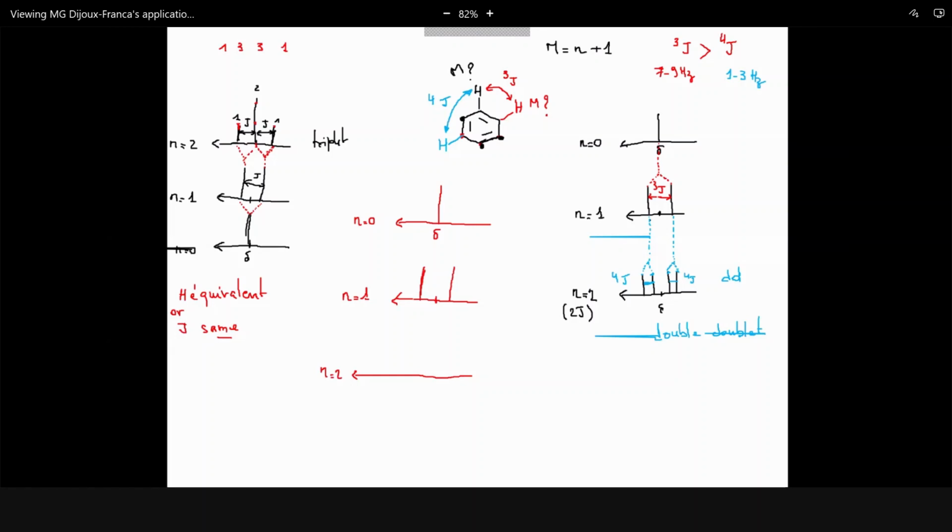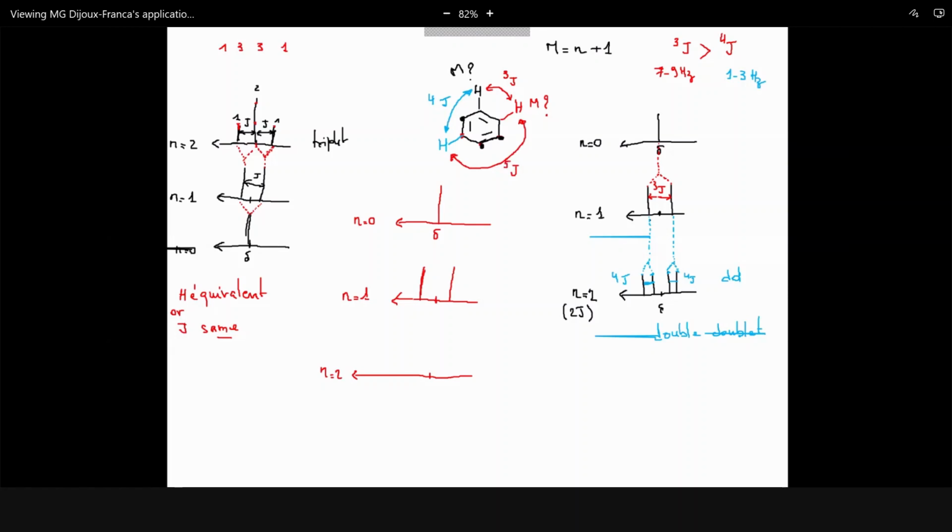It will be divided by 2 each line, but the distance between the red and the blue one is again weaker, very small, as we have, how many chemical bonds do I have between these two protons? 1, 2, 3, 4, 5. This is a J5.